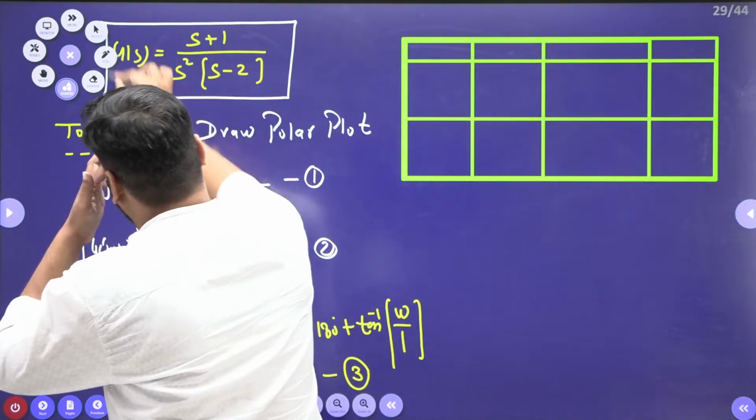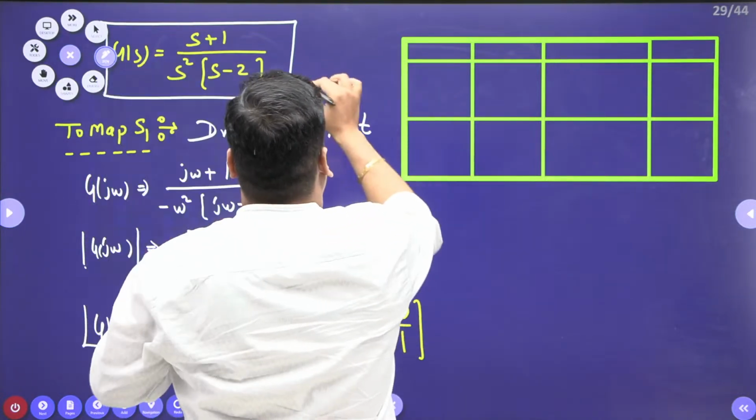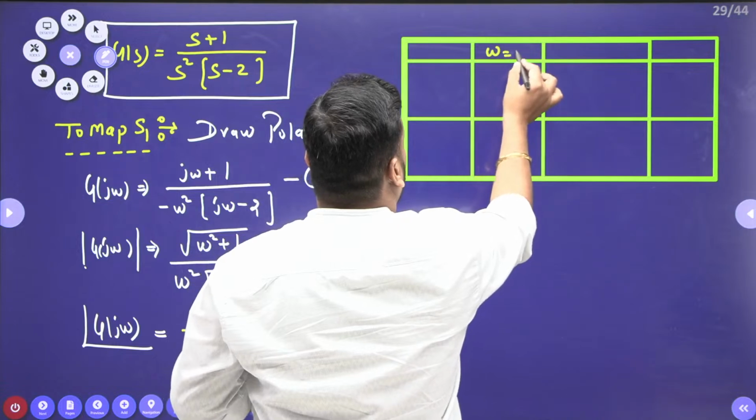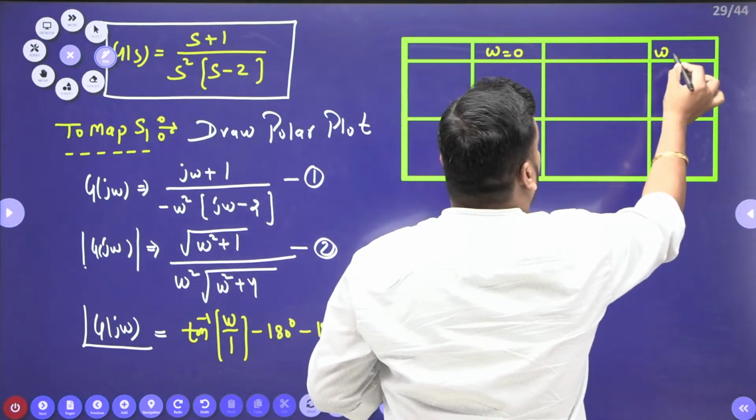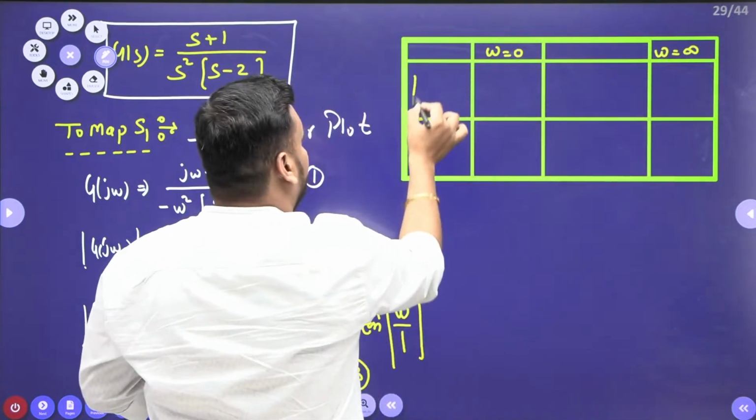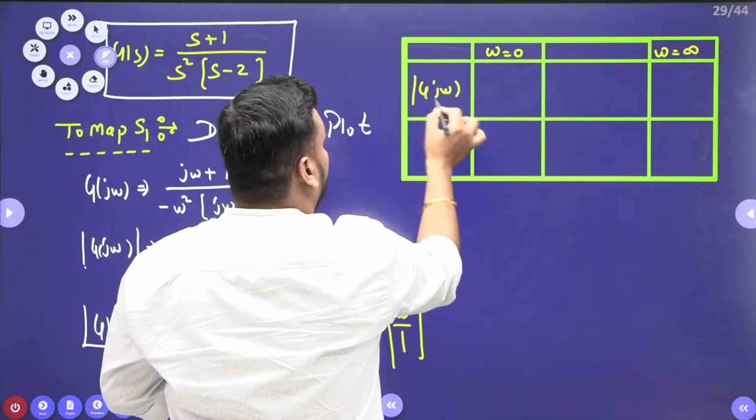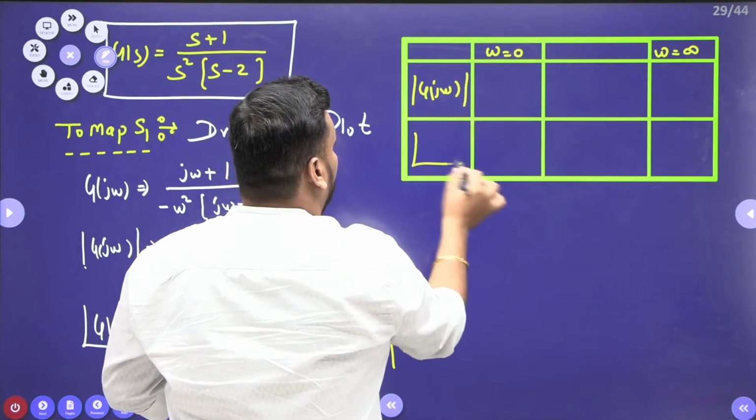So now at this place, guys, tell me what you will get. You will get omega equal to 0, omega equal to infinite. Here you will get the magnitude of G(j omega). Here you will get the angle of G(j omega).